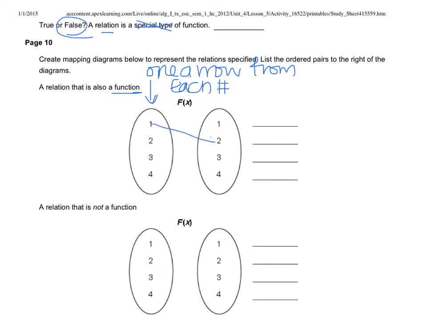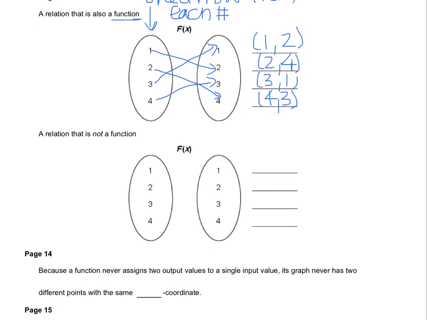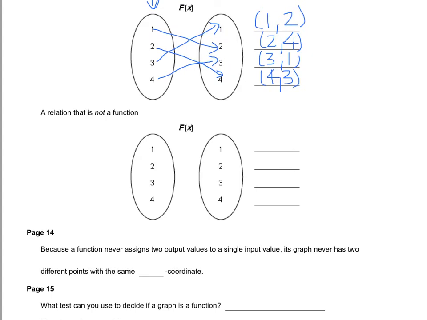So 1 could map to 2, 2 could map to 4, 3 could map to 1, and 4 could map to 3. So ordered pairwise, these would be the ordered pairs (1, 2), (2, 4), (3, 1), and (4, 3).